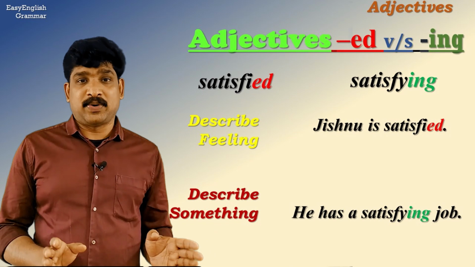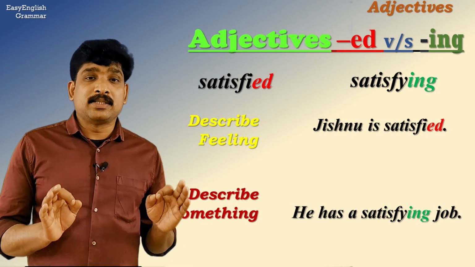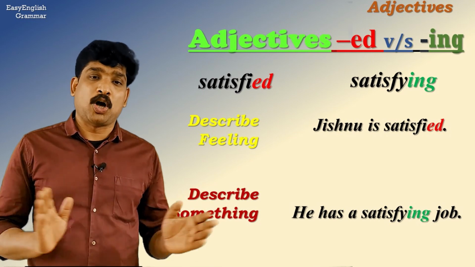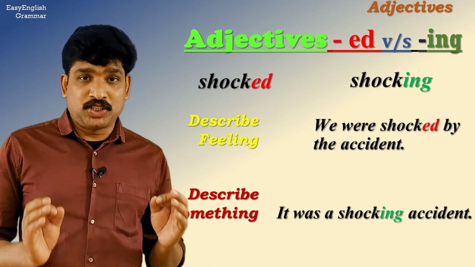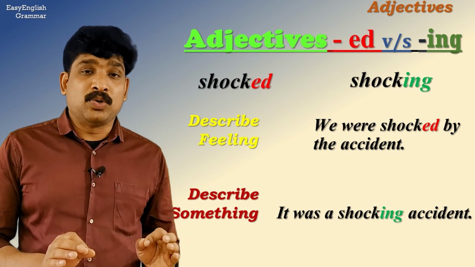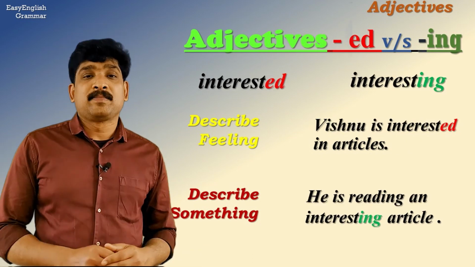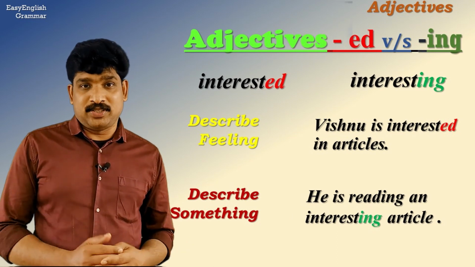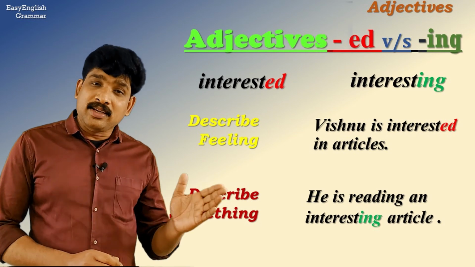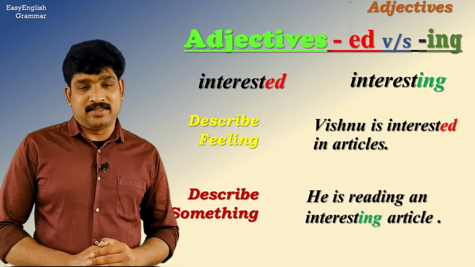Satisfied and satisfying. Jishnu is satisfied. He has a satisfying job. Shocked and shocking. We were shocked by the accident. It was a shocking accident. Interested and interesting. Vishnu is interested in the article. He is reading an interesting article.